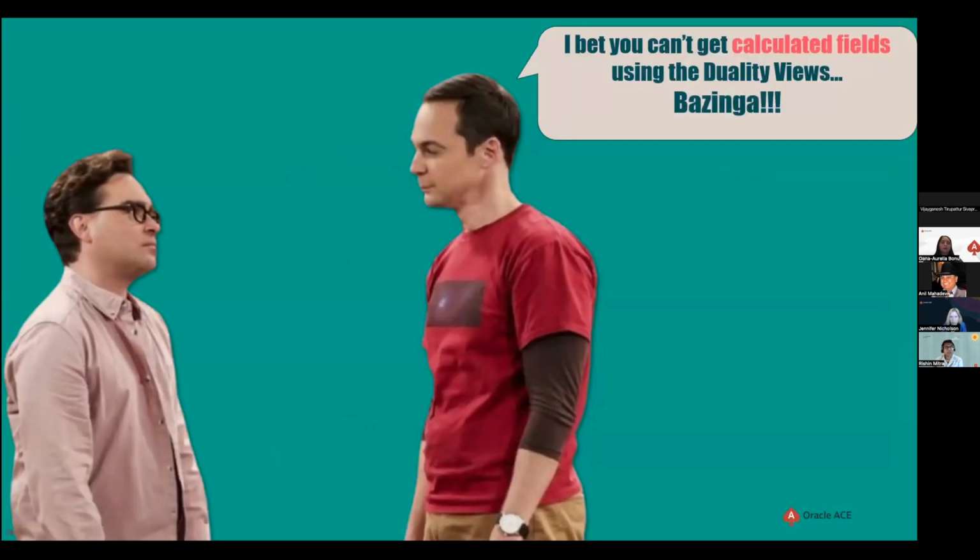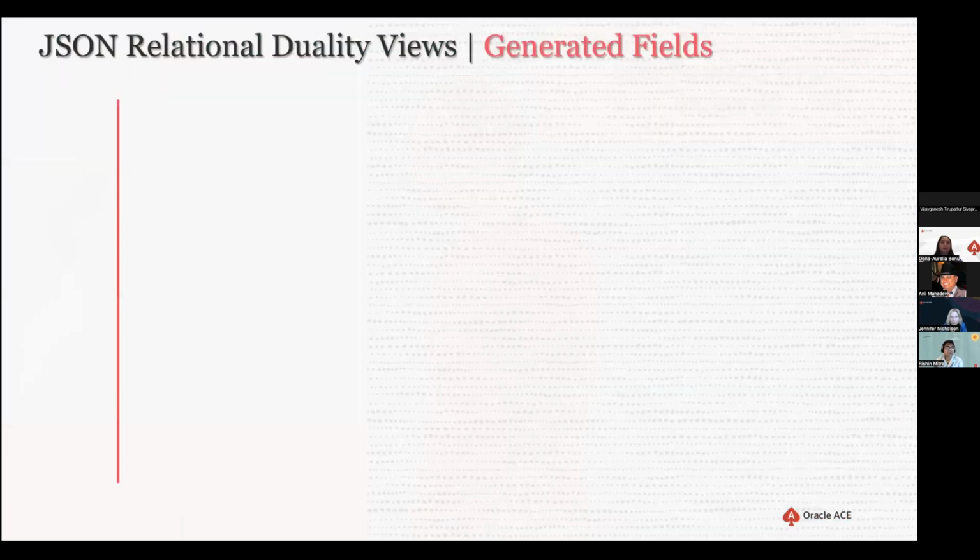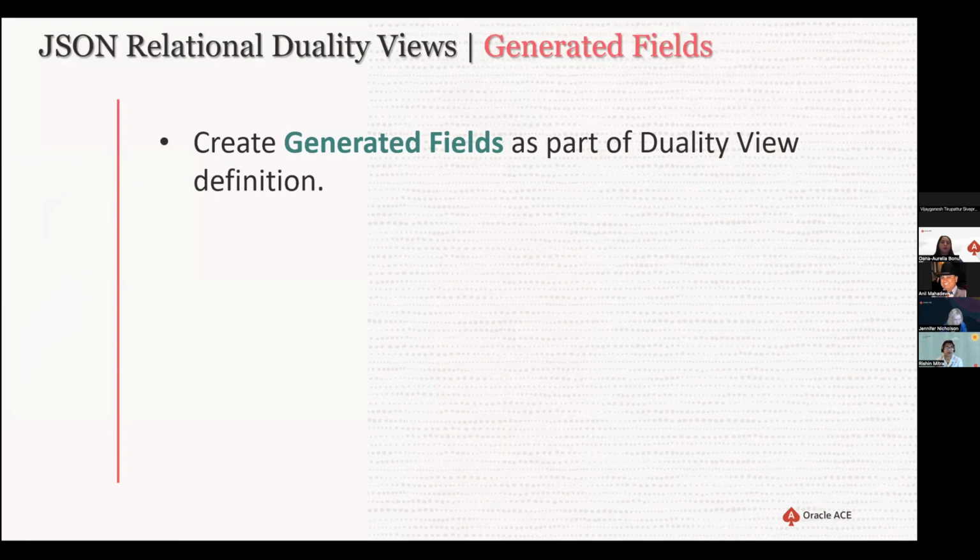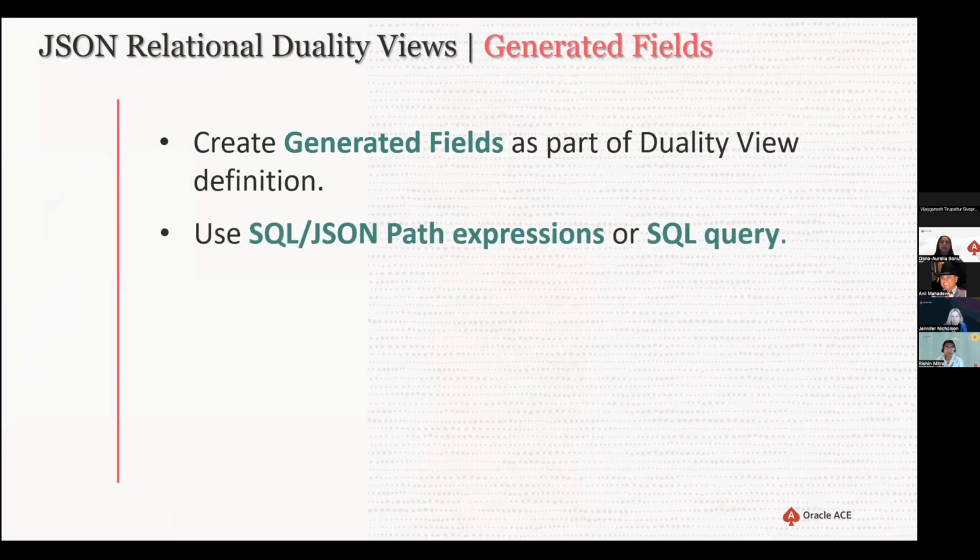Well, that is a fair question from Sheldon. He is asking, can we get calculated fields using duality views? Yes, you can. There's a concept called generated fields that comes with JSON relational duality views. You can define specific columns to be generated from the columns which have already been used in the duality view using a SQL or JSON path expression, or a SQL query.